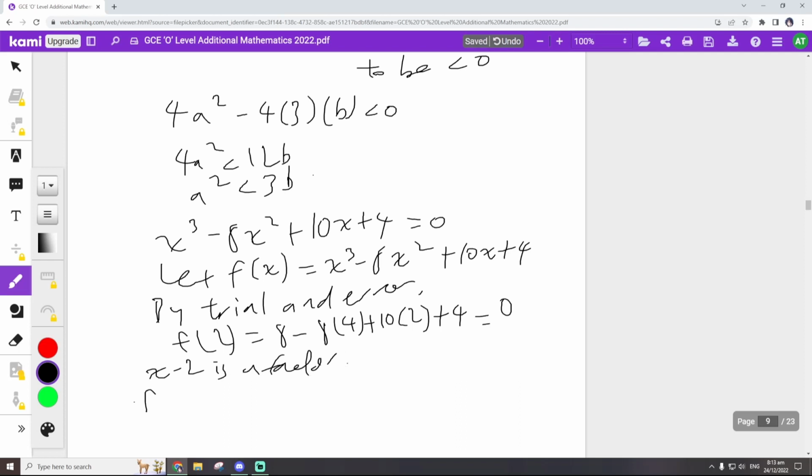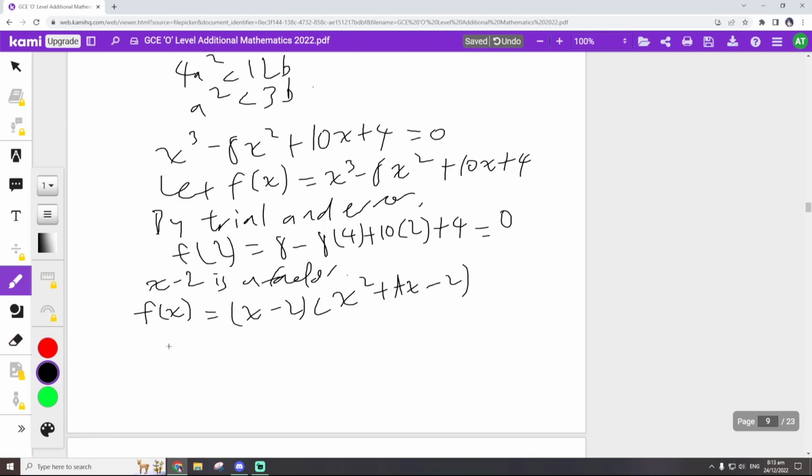And then you have f(x) must be (x minus 2)(x squared plus ax plus c). Comparing coefficients, you will get the constant term minus 2 by inspection of the coefficients of x squared and the constant term.